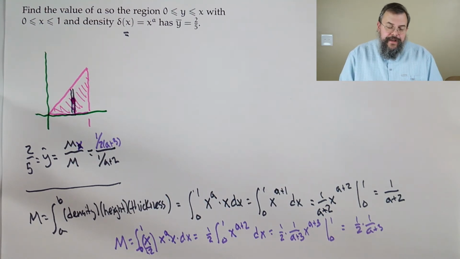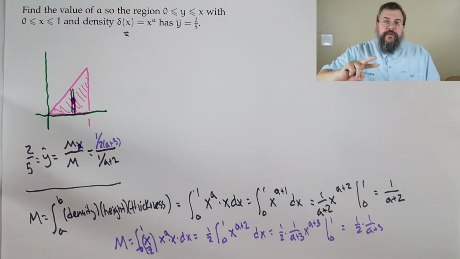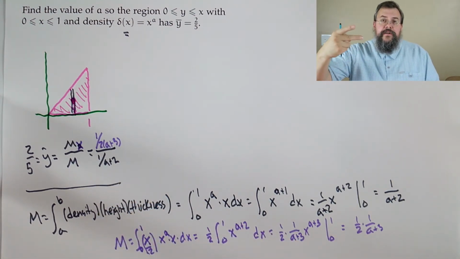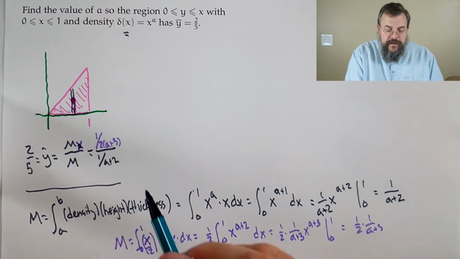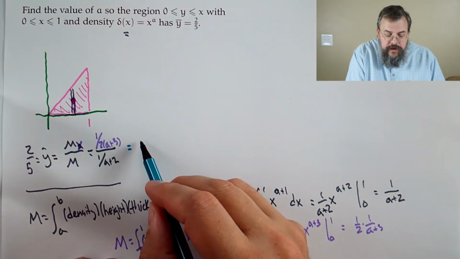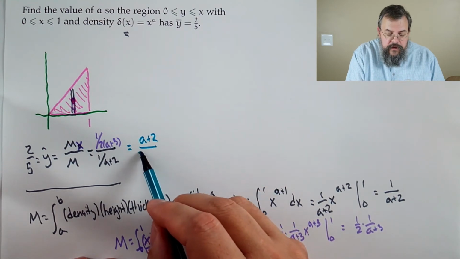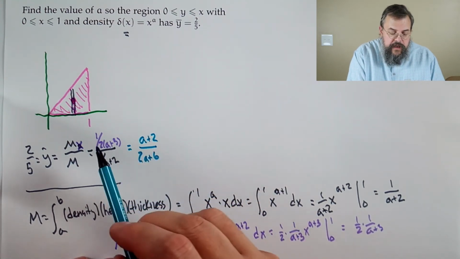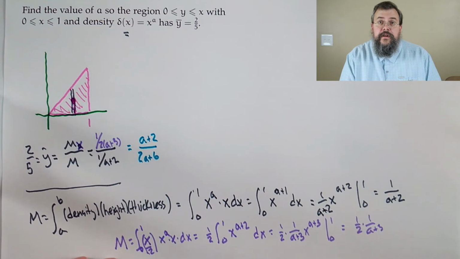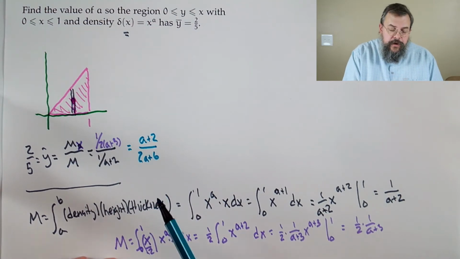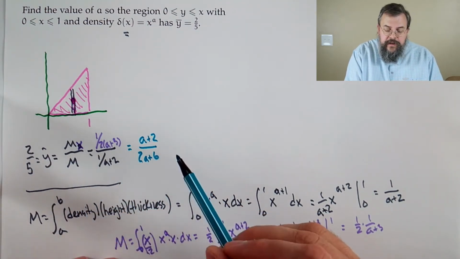Perfect. If you think about taking that 1 over a plus 2 that's downstairs and moving it upstairs, you'd flip it over. So this would give you a plus 2. Downstairs it would be 2a plus 6, because I can multiply the 2a plus 3 times 2. Cross multiply.